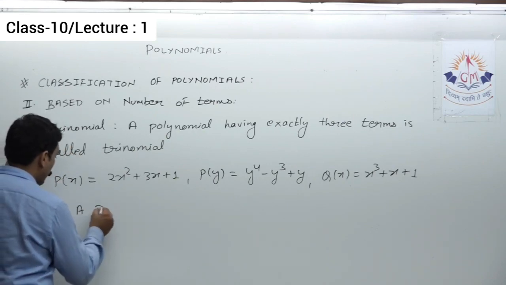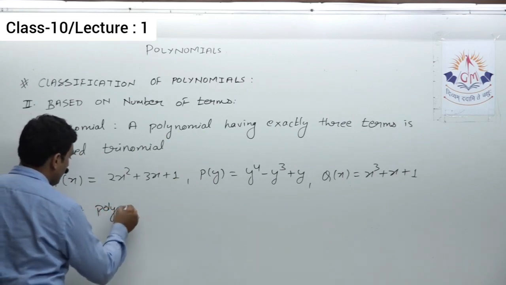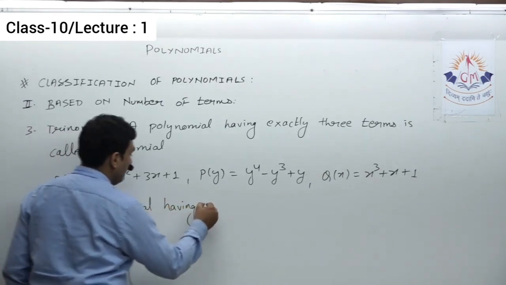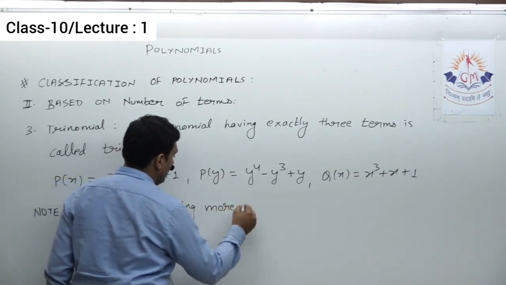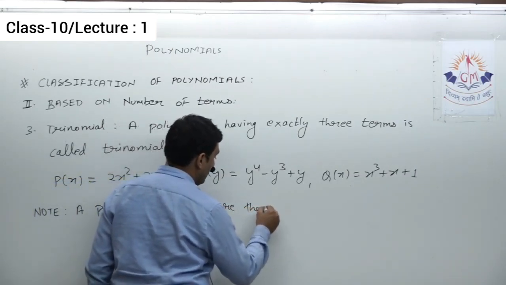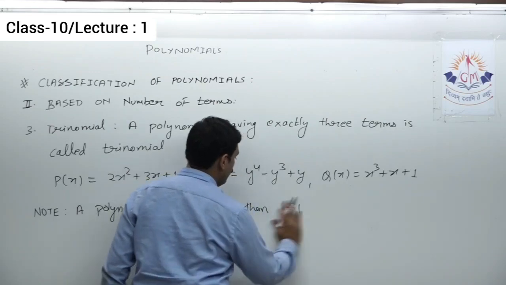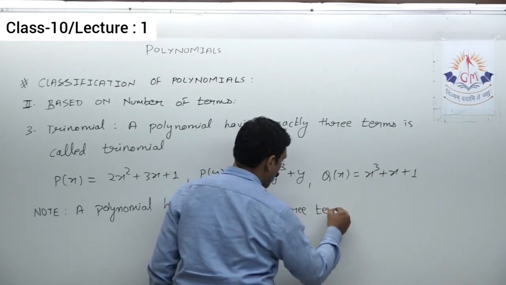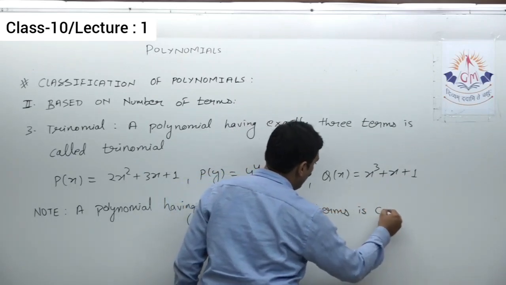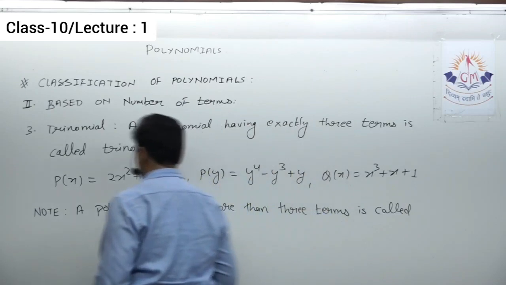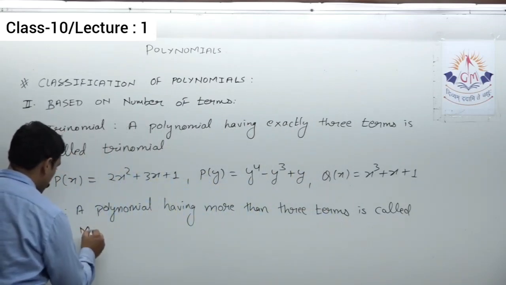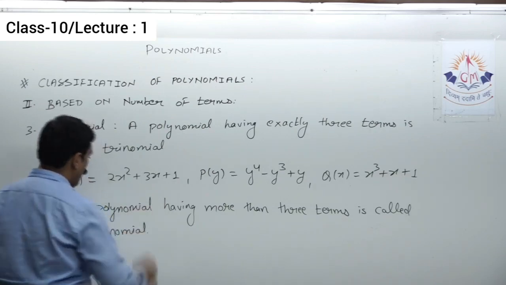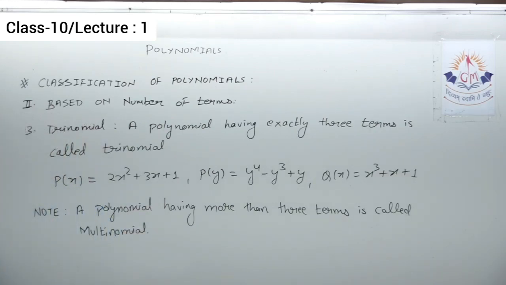So a polynomial having more than three terms is called multinomial. Okay, so please note it down.